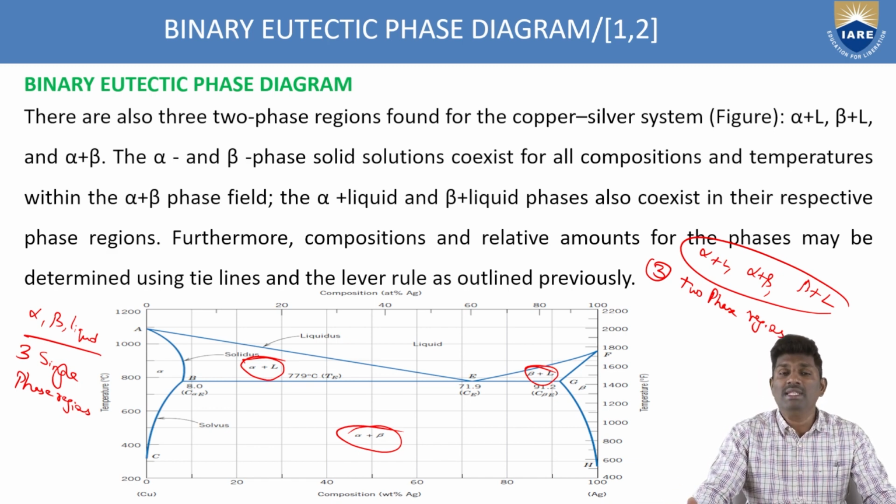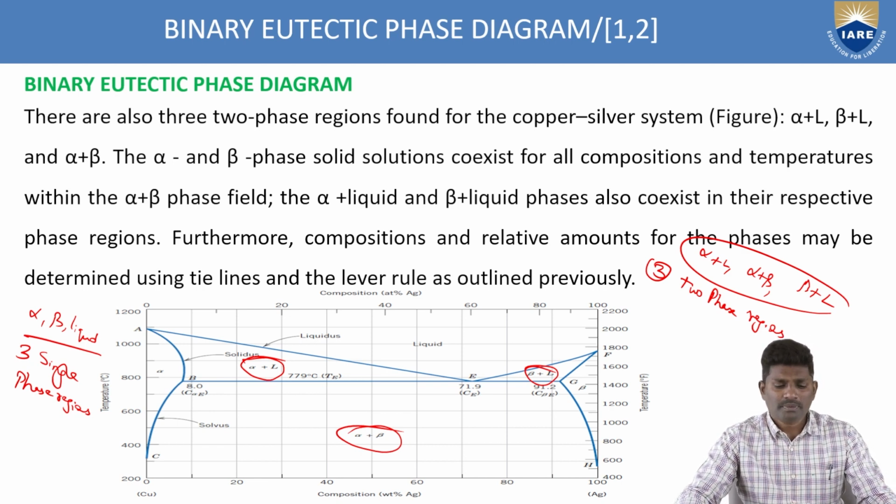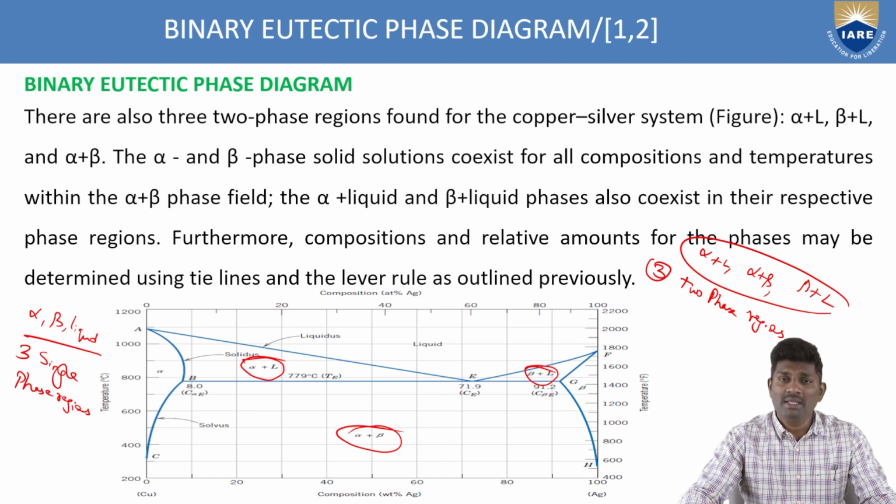So that is how you can easily tell that silver and copper have a total of 6 regions, 3 single-phase and 3 two-phase. This is all the information we are getting from the phase diagram alone. The alpha plus beta, alpha plus L, beta plus L are the three two-phase regions available in this phase diagram.